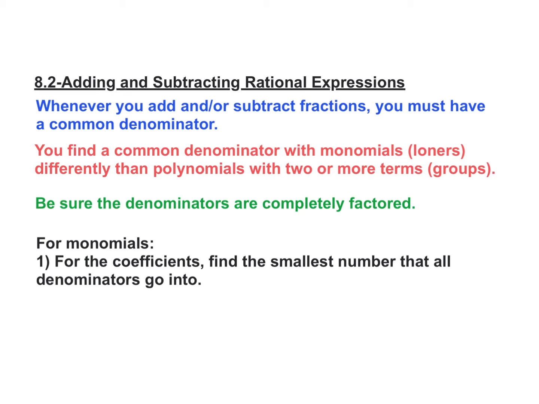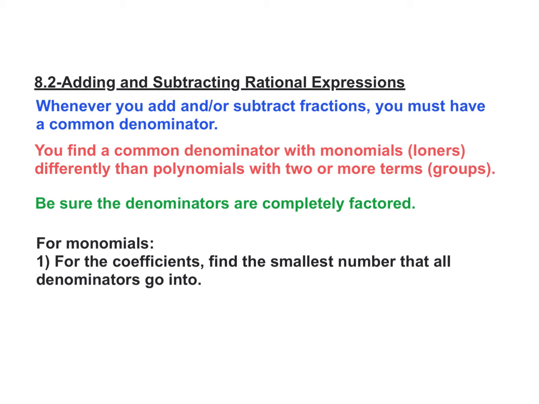And how you do that, I'm going to leave up to you. If you want to use prime factorization, if you want to make a list, or if you just want to look at it and see if the smaller number goes into the biggest number, that kind of thing. But that's what least common denominator is. It's the smallest number that all the numbers go into. Okay, so that's just for the coefficients.